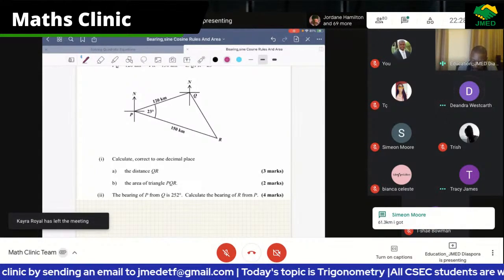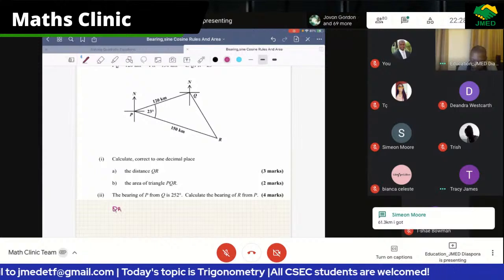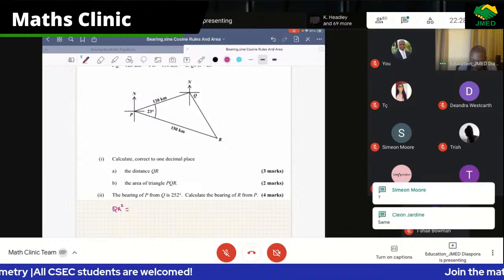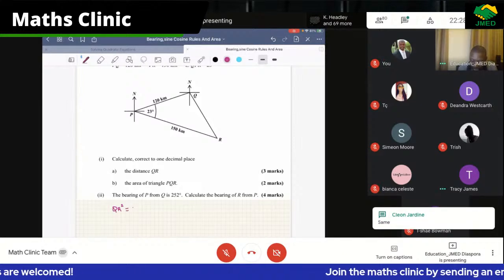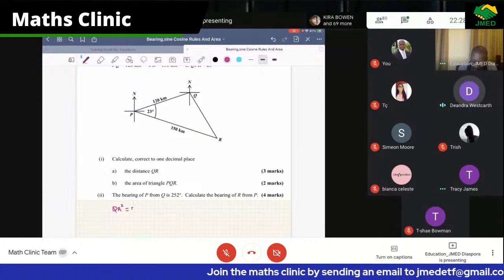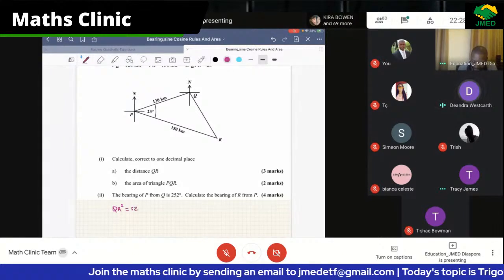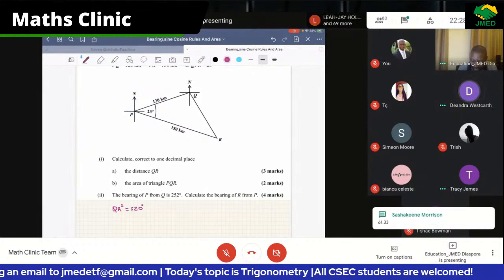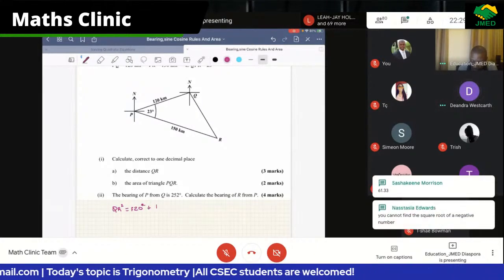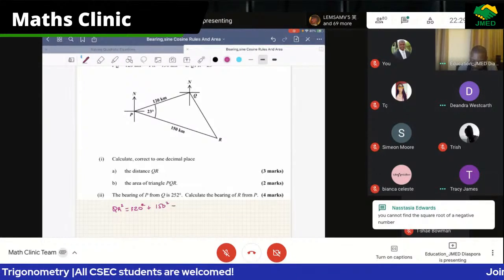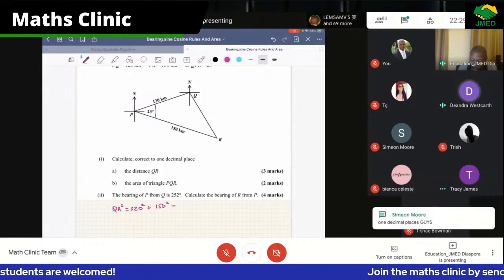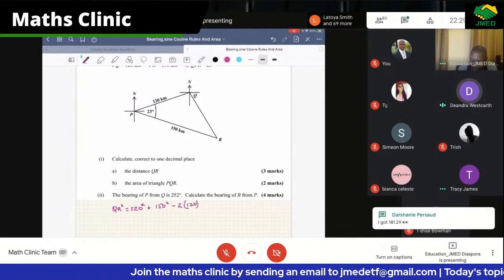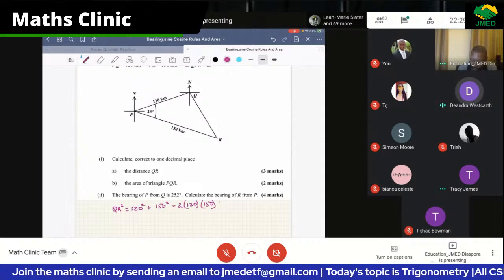Okay. So you're saying that QR squared is equal to PQ squared plus the 150 squared, minus 2 times 120 times 150 times cos 23.